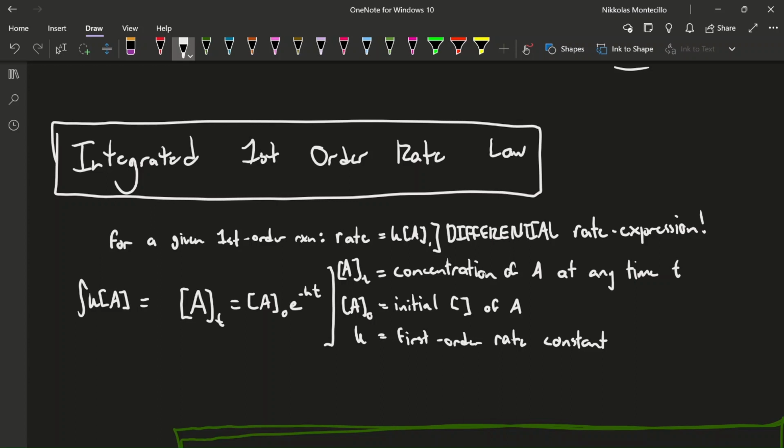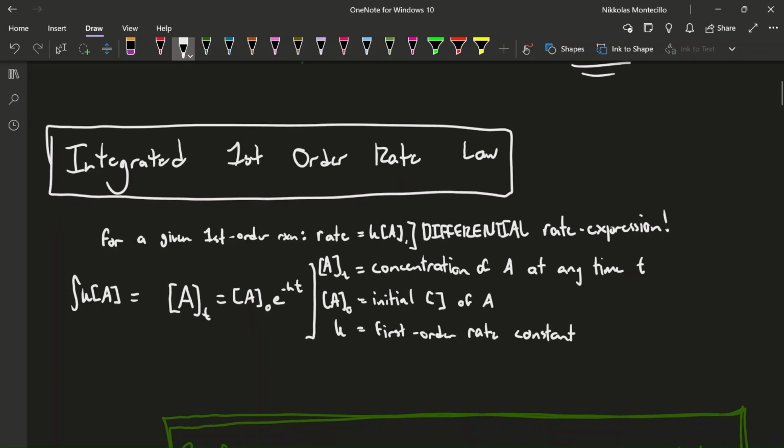So let's just describe the meaning of these symbols. The concentration of A sub t refers to the concentration of A at any given time t. A0, the concentration of A0, is what we refer to as the initial concentration of A, and k is equal to the first order rate constant.